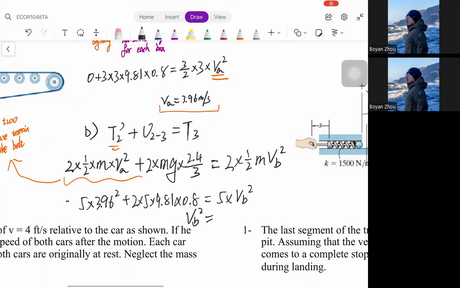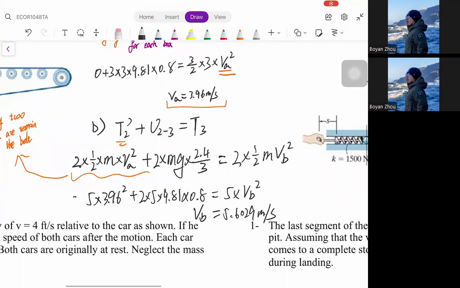So now in this case, we can find out the value for VB. That is equal to 5.649 meters per second. Up to this point, we're just simply solving the math to find out the value for VB.